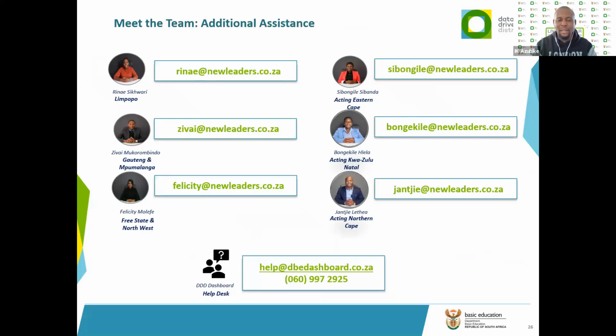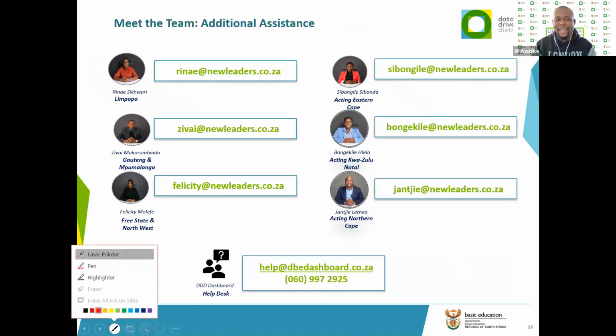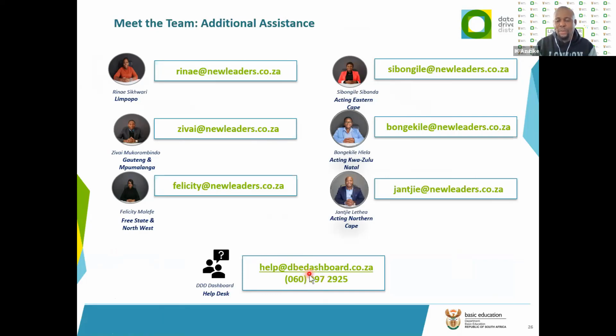You can contact them via email or phone call if you request a much deeper interaction. You have the opportunity to have a one-on-one, or maybe a provincial webinar rather than a national one, just to go deep into this information or to carry it forward.